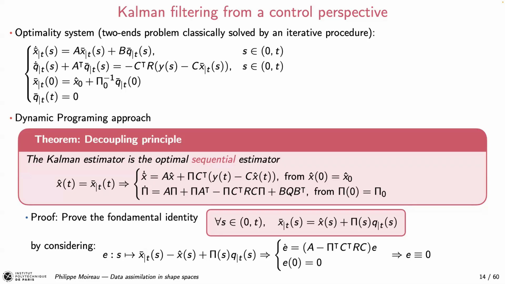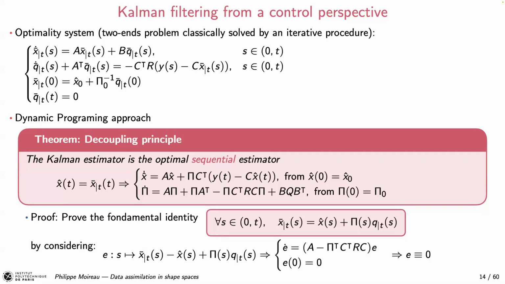Okay, so one way to decouple this two-end problem is actually to solve what is called a Kalman filter. So the Kalman filter is given by these two equations. In this problem here, I'm solving a Cauchy problem only from x0 for x.